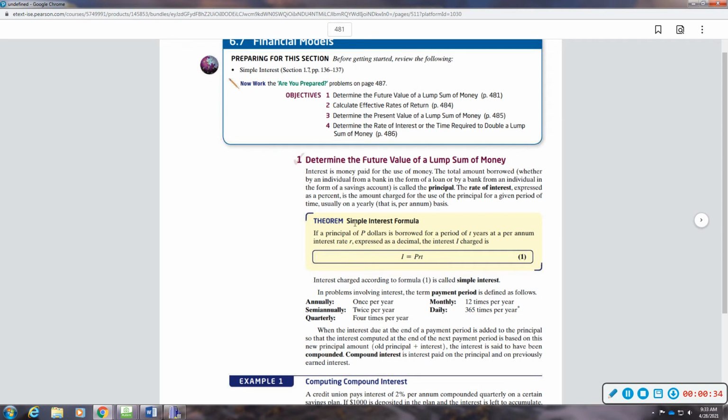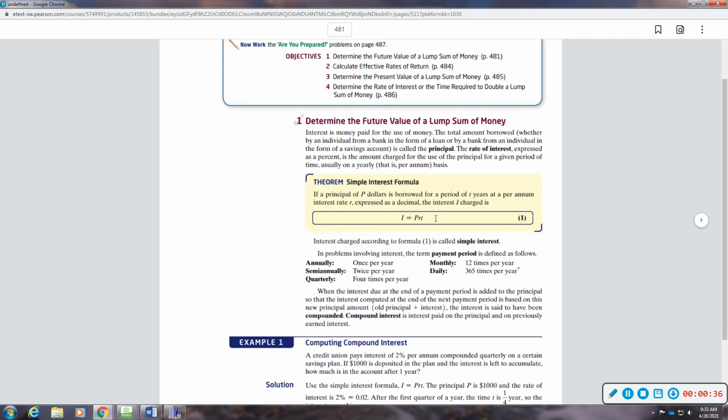The first formula that you want to write down is the simple interest formula. Each of the variables are identified and described here in the reading above. I is the interest, P is the principal, so you want to label what each thing stands for.